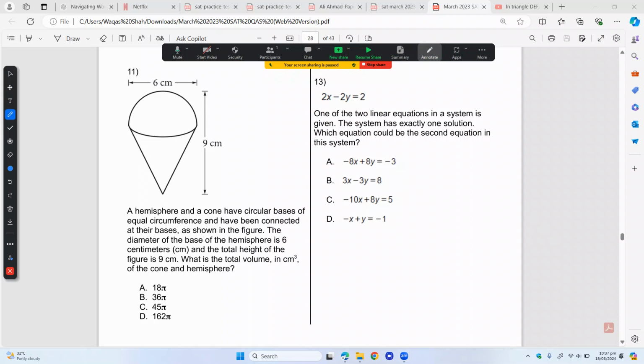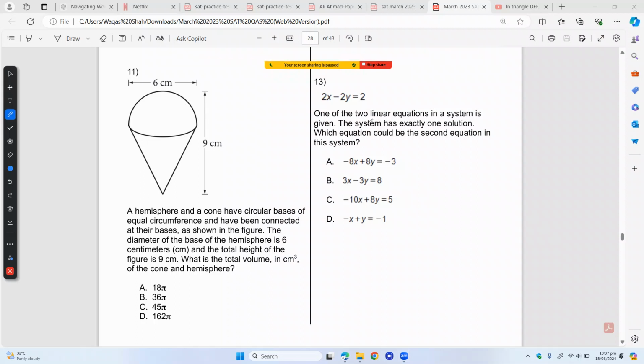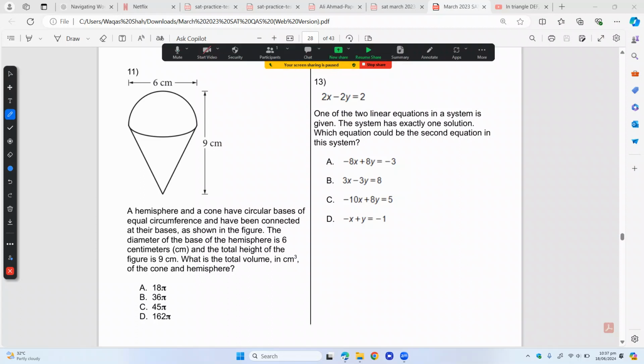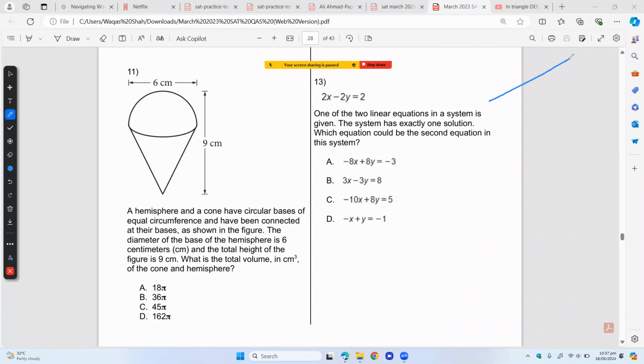In question 13, one of the two linear equations in a system is given. The system has exactly one solution. Which equation could be the second equation in the system? We have three situations. In one situation, two linear equations have one solution. In another, two linear equations have no solution, because they are parallel, so they are not intersecting each other.